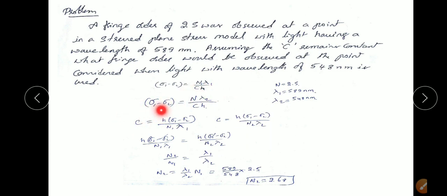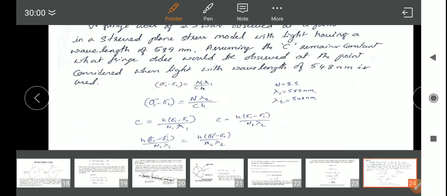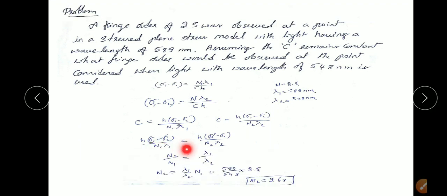Similarly, sigma 1 minus sigma 2 is equal to n2 lambda 2 by C into h. C is common here, so there is no change, it is constant, and only lambda 1 and lambda 2 are going to change. So we will relate those two equations.